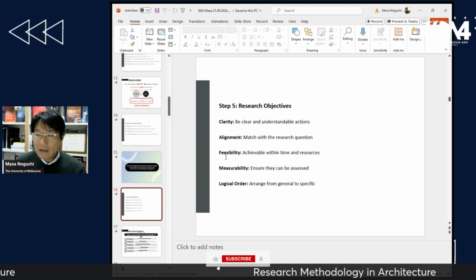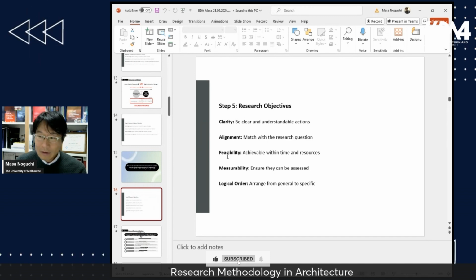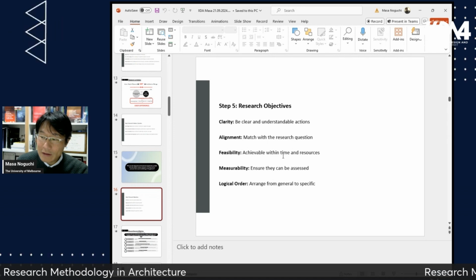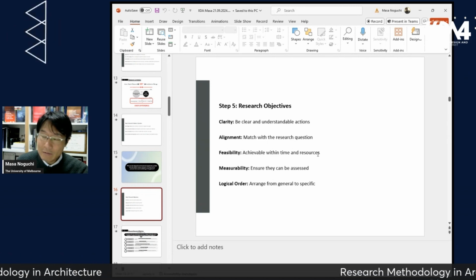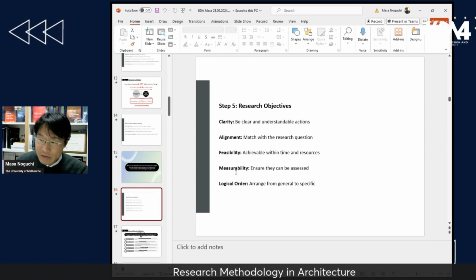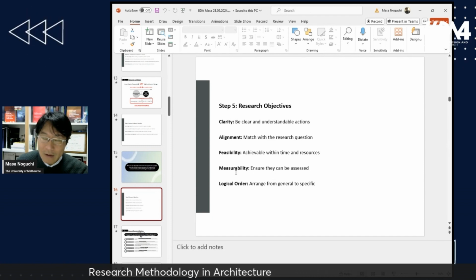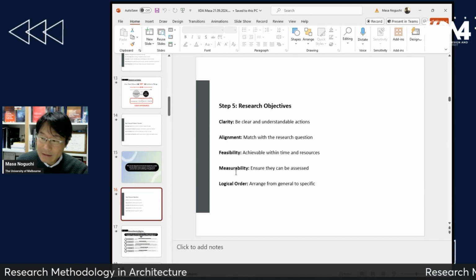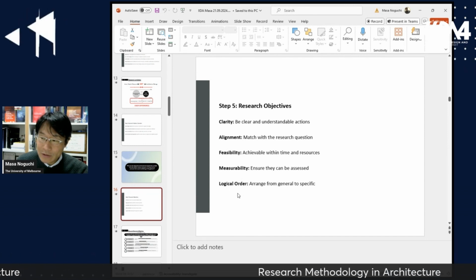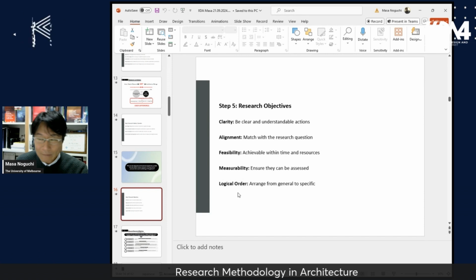And once again, manageable, feasible, and achievable within time frames, resources and accessibilities, and it should be measurable. So you need to have a measurement of success. And I think logical order is very important too.